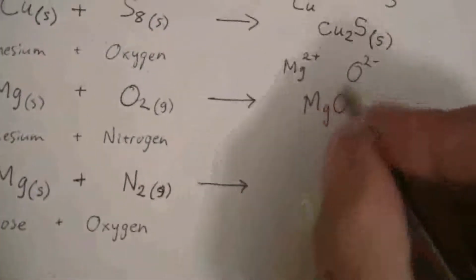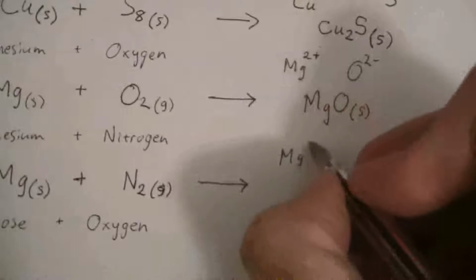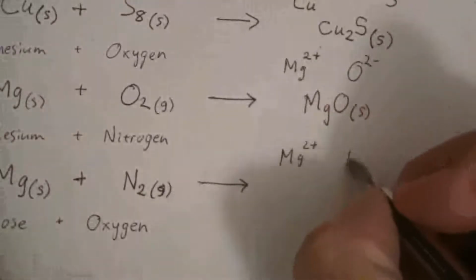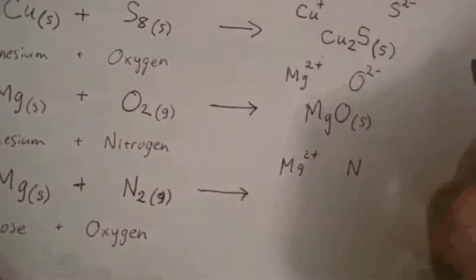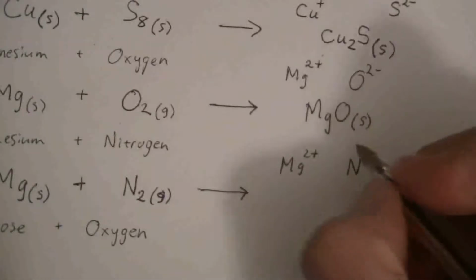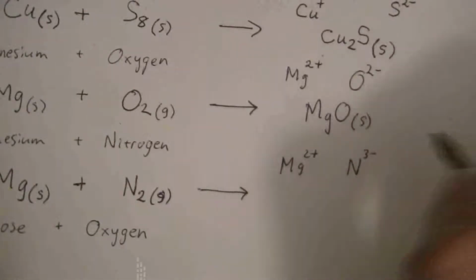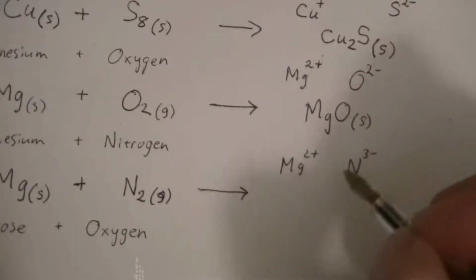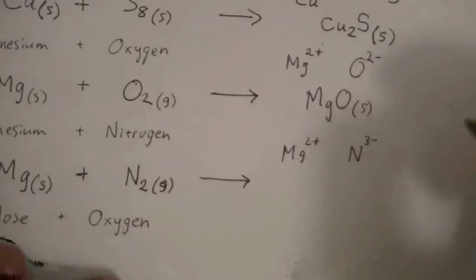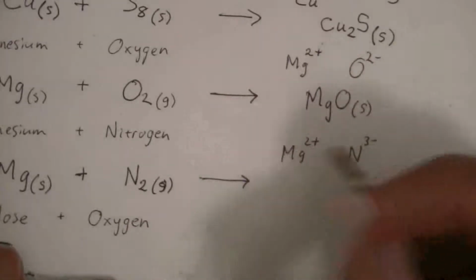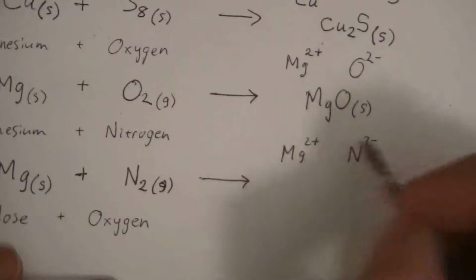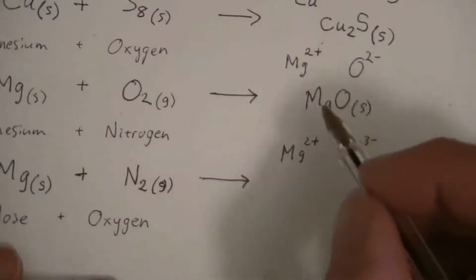But we have to look at the charges again, because the charge for nitrogen, it's in the third column away from the noble gases. So it has to pick up 3 electrons to be like the noble gas neon. Okay, so now we have different charges, so it's not going to balance out just MgN.